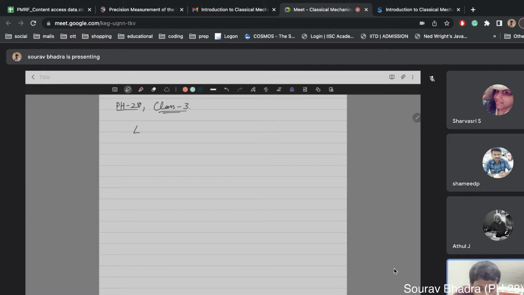As you all know, the Lagrangian can be expressed as a function of q, q dot and t. This is a very small recap. If we take the time derivative, that will be del L del qj times dqj dt plus del L del qj dot times dqj dot dt plus del L del t.